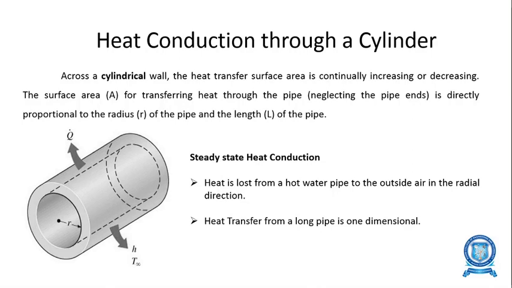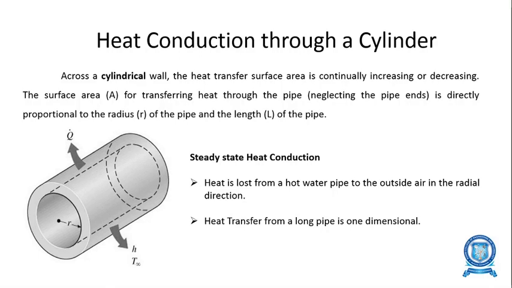But when we consider the cylindrical element, we have the dimensions as the radius and the length of the tube or pipe. Therefore, the surface area for transferring heat through the pipe is directly proportional to the radius and the length of the cylindrical element.